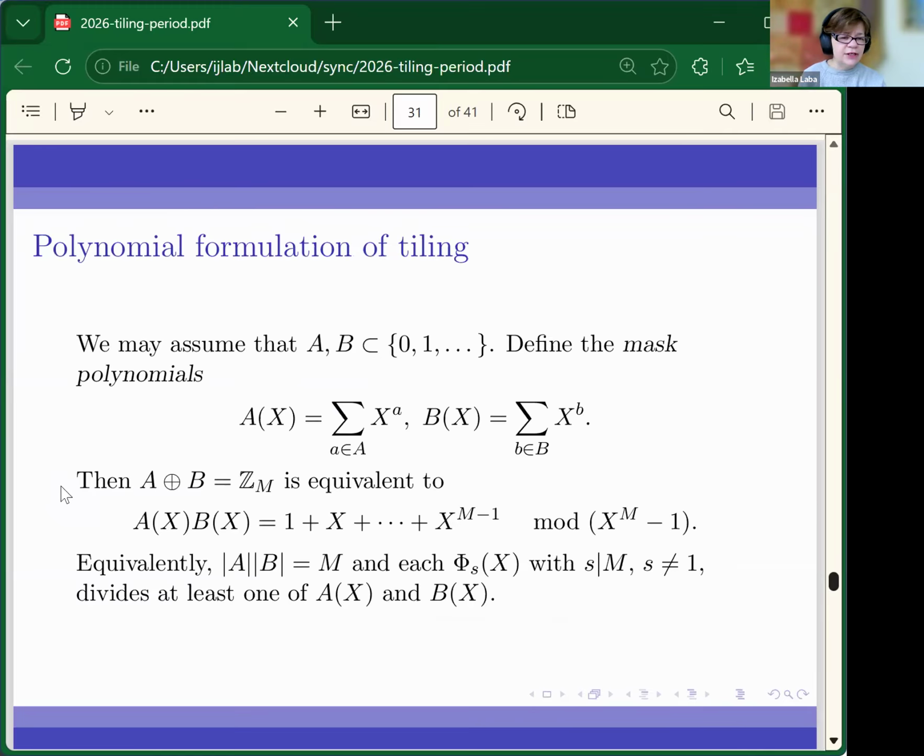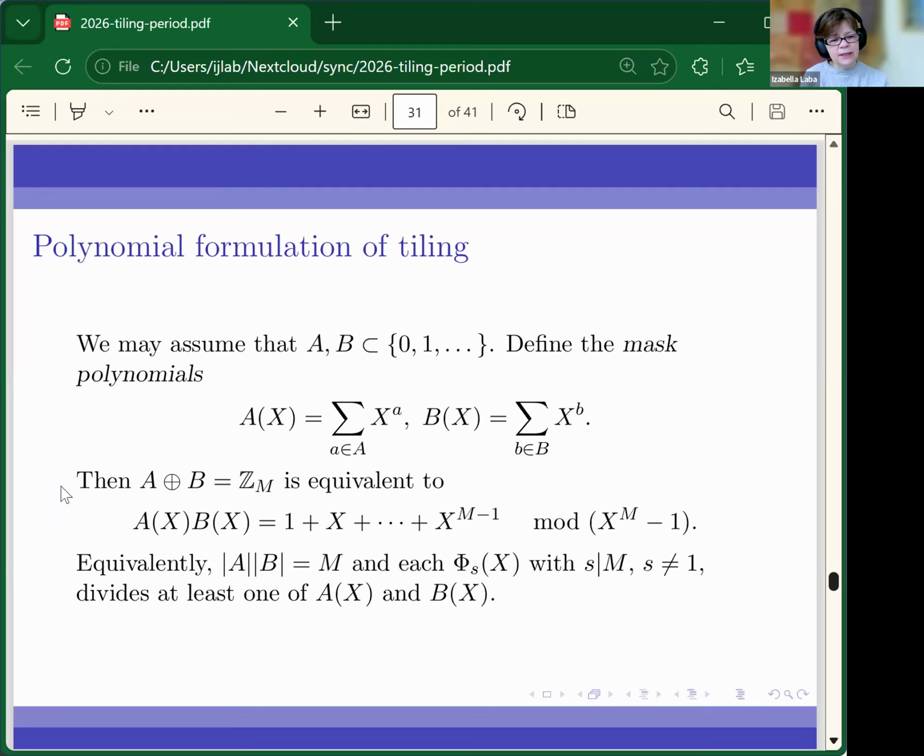The polynomial formulation of tiling that we're going to need is in terms of the mask polynomials of A and B. Given A and B subsets of non-negative integers, I can define the corresponding polynomials A of x equal to the sum of x to the a, where the exponents are elements of A, and likewise for B. Then the tiling condition is equivalent to saying that A of x times B of x is equal to the polynomial I wrote here, by just multiplying out the polynomials and looking at the exponents.